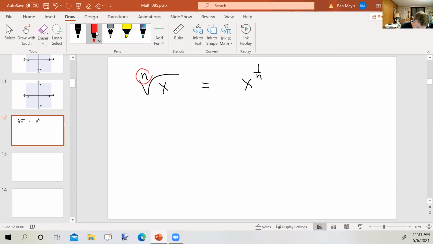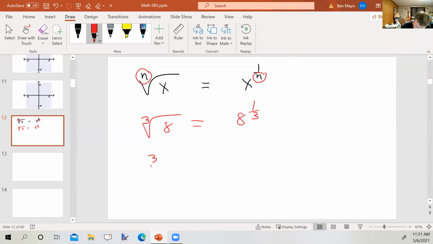So the index becomes the denominator of a rational or fraction exponent. So for instance, the cube root of 8 would be 8 to the 1/3 power.